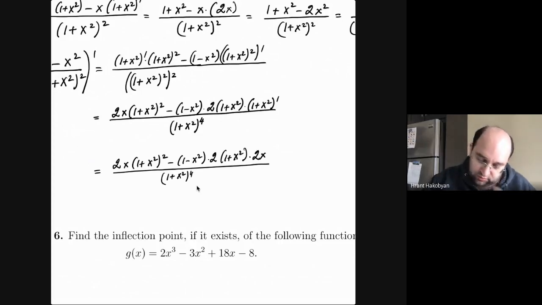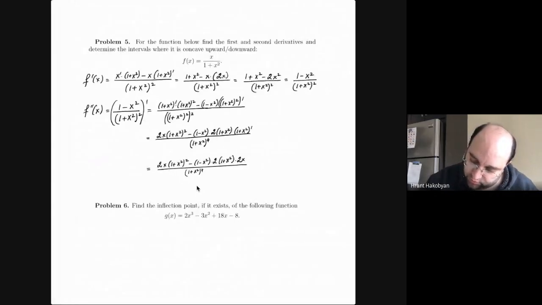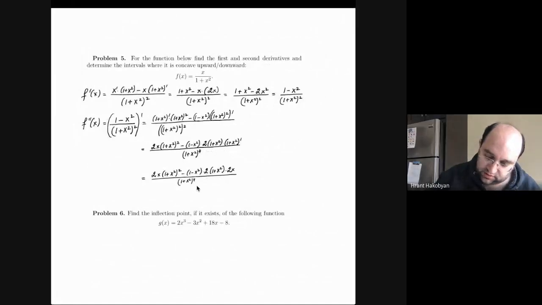Okay, so that's what we get. I'm just going to move this a little bit so that I have more space.